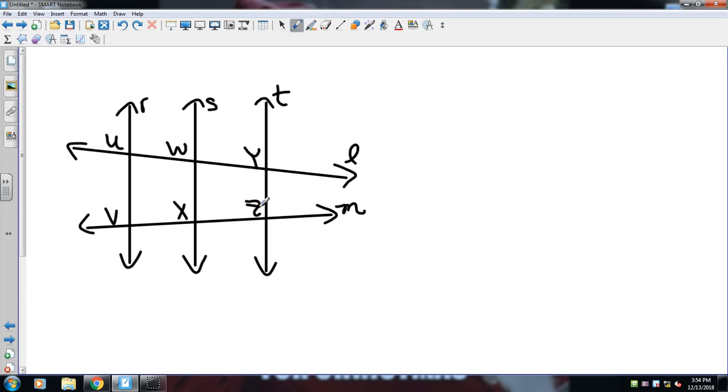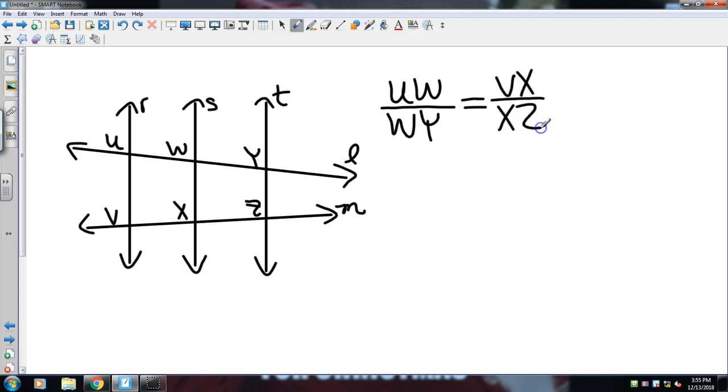So UW over WY is going to be equal to what? I'll bet you can probably put this one together. UW over WY is going to be equal to VX over XZ.